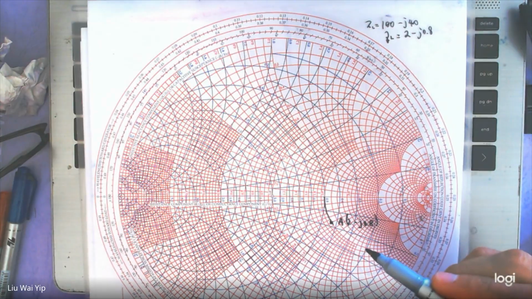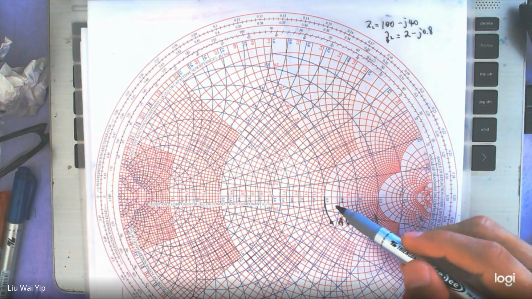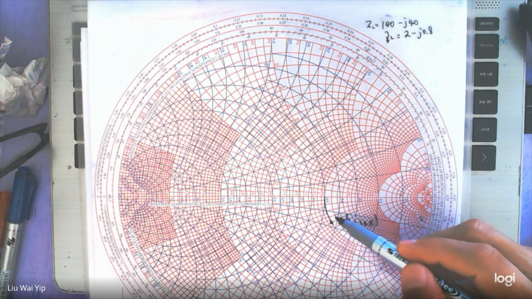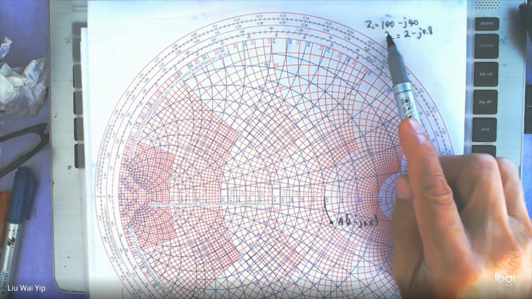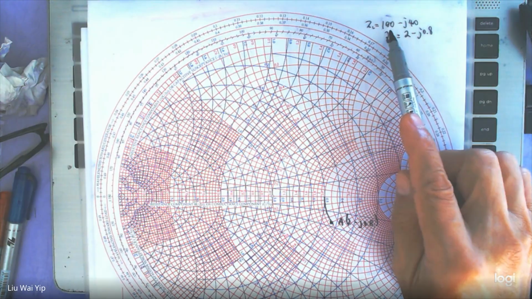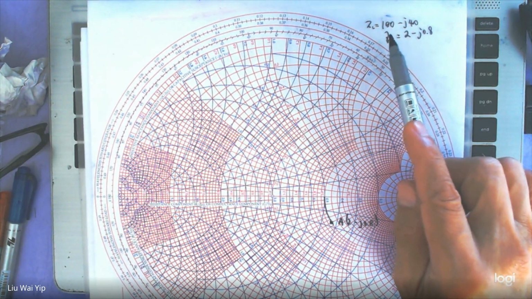So the next thing that you are going to do, you have two options. Now we need to focus on the blue grids. Remember, this is the impedance with a real part larger than 50.